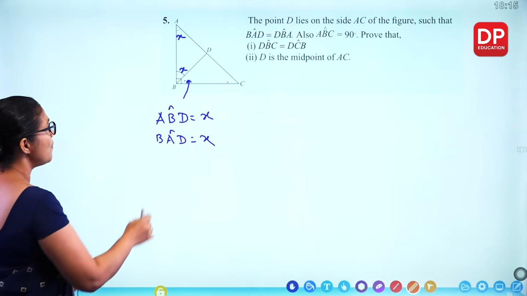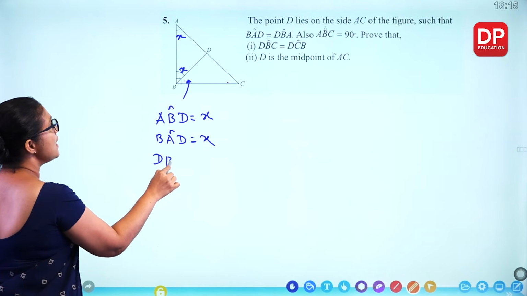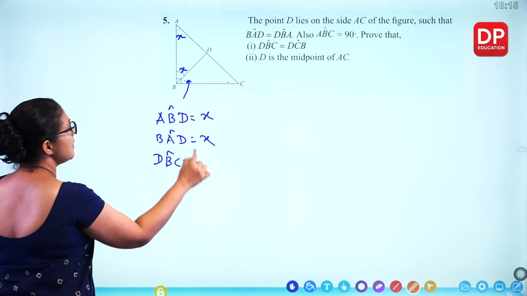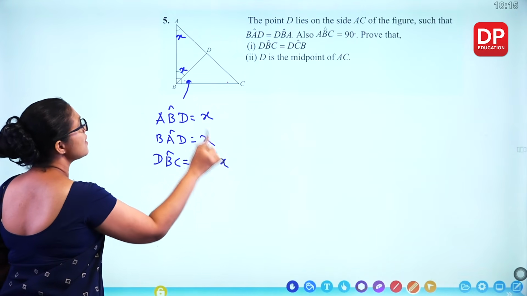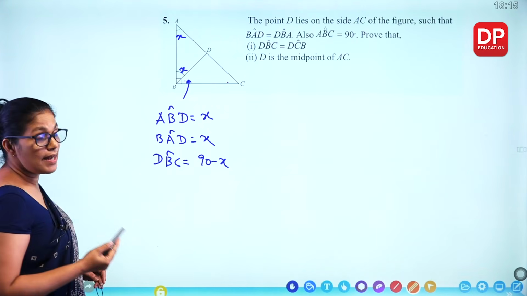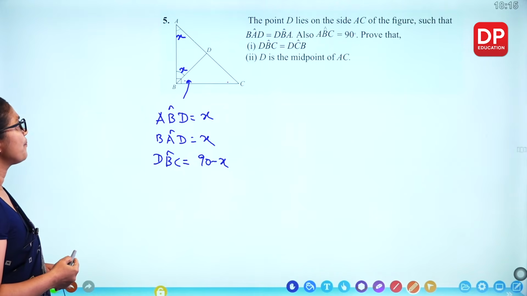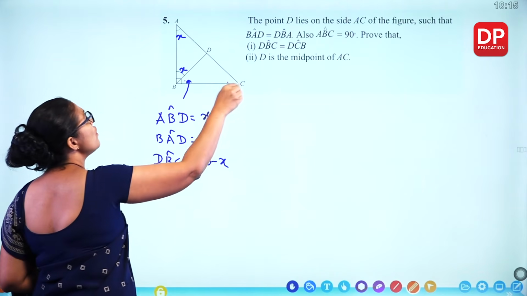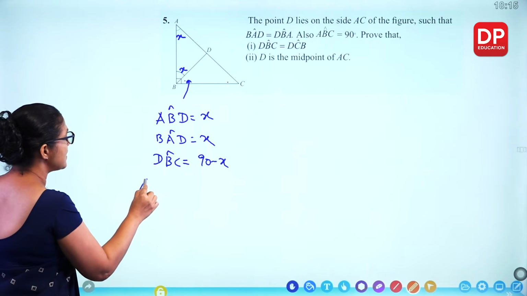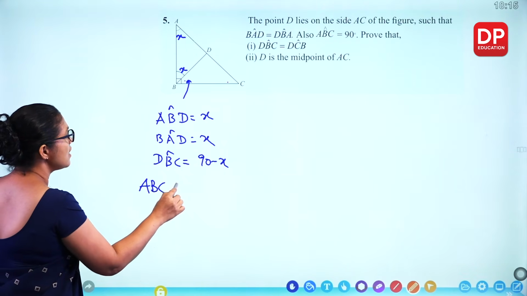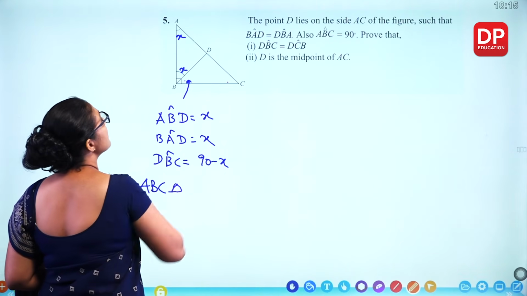So here we can write DBC angle is 90 minus x because the full B angle is given as 90 degrees.